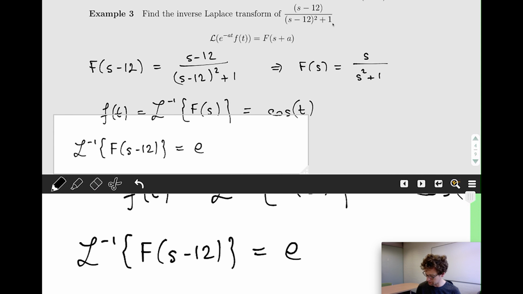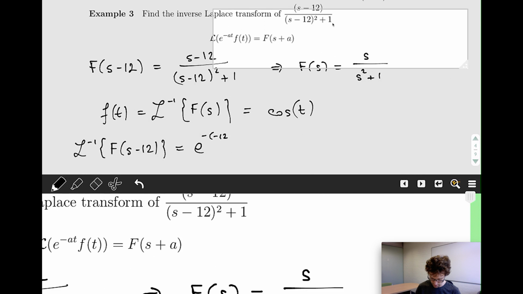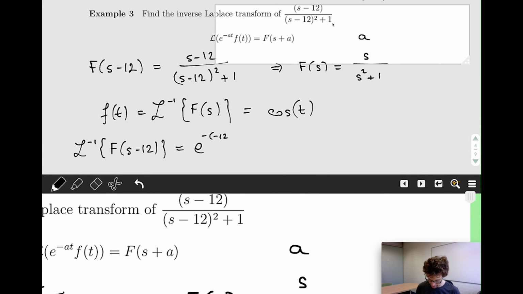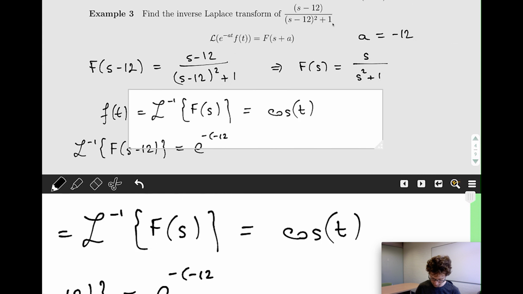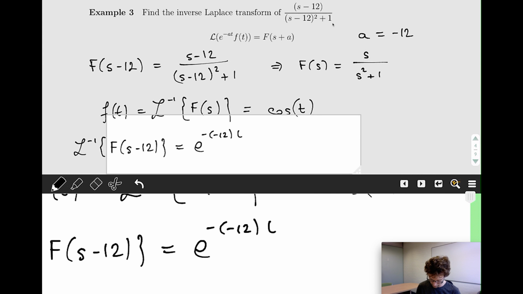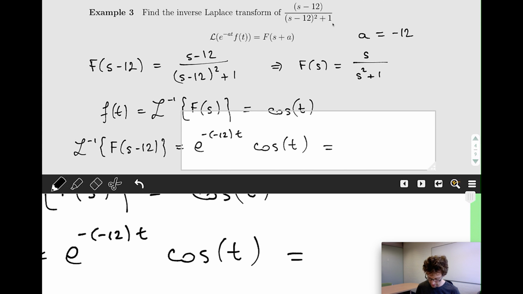So e to the minus a t times the function of t, that was cosine of t. That gives me e to the 12t cosine of t.